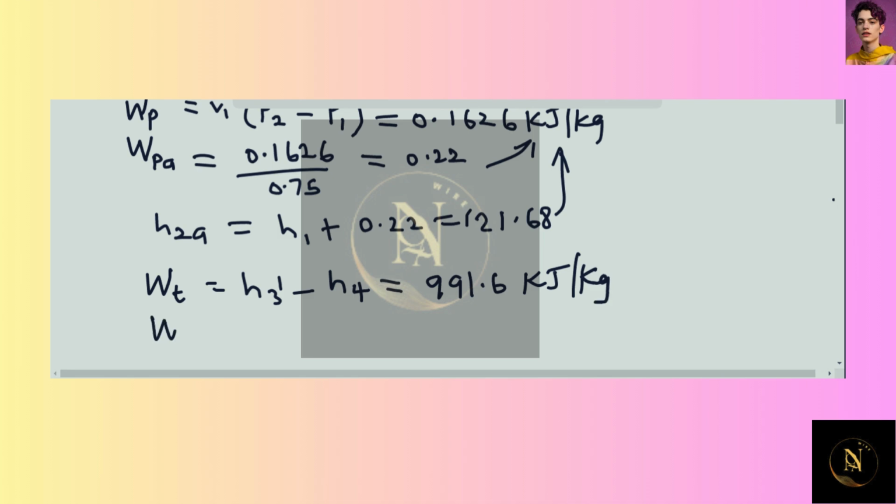You can also look for the actual turbine work: 991.6 times 0.8, which is the isentropic efficiency of the turbine. To do that, you have the actual turbine work to be around 793.28. So that's what we are going to have for that.